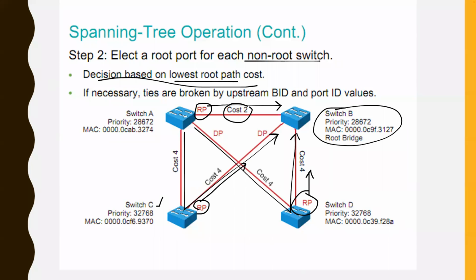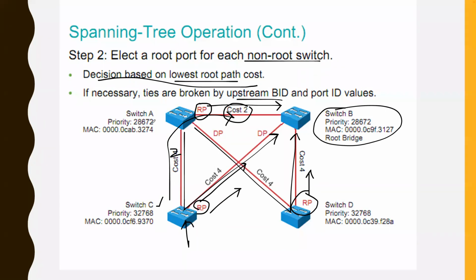If I delete this one on switch C and I had cost 2 over here, then I would have two different paths. From here it is costing 4 to reach the root bridge, and here also it has cost 4. There should be a tiebreaker, and that tiebreaker will be the upstream bridge ID.